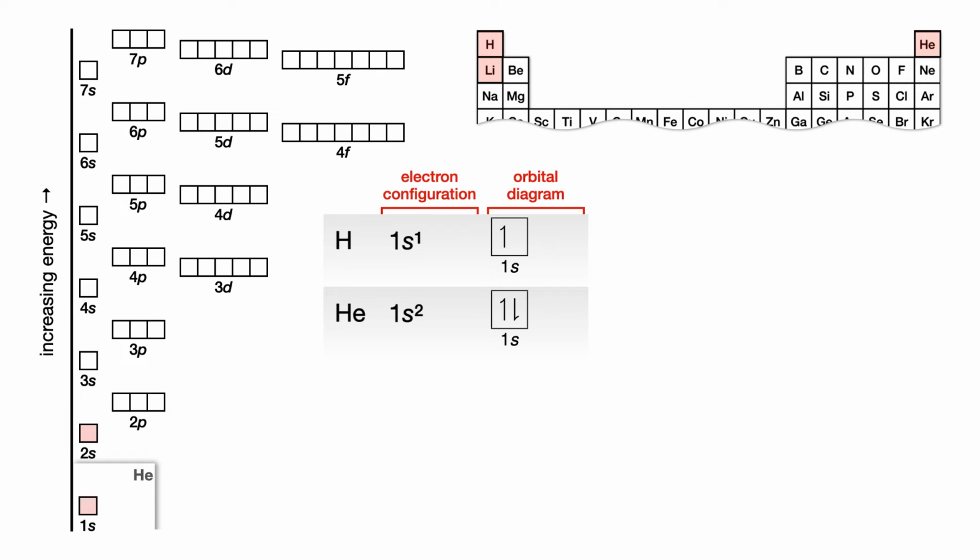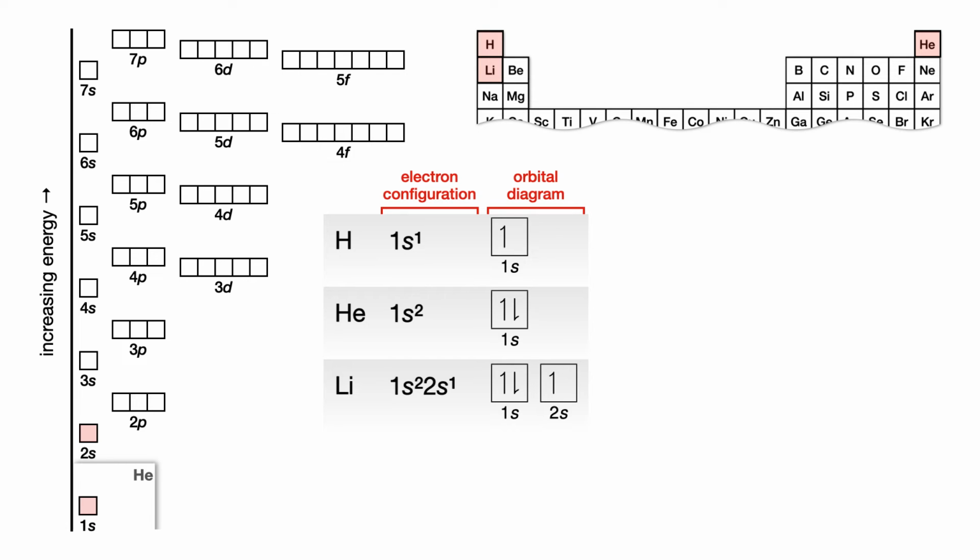Lithium will have its first 2 electrons in 1s, and then its third electron in the 2s orbital. Its configuration is 1s2, 2s1, and we can write its orbital diagram like this, with a pair of electrons in the 1s orbital and then a single unpaired electron in the 2s orbital.